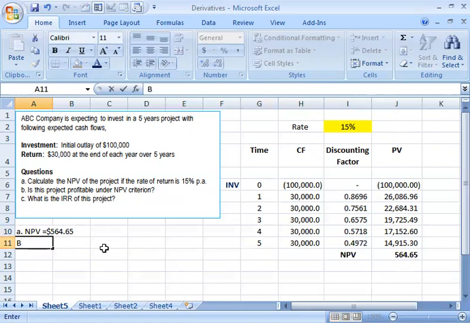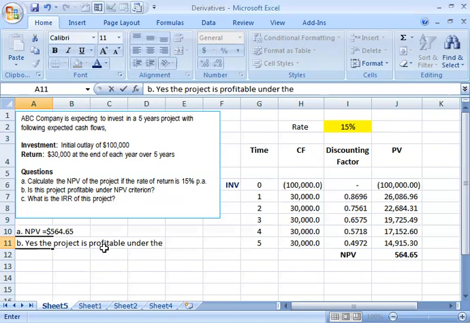Yes, for part B, yes, the project is profitable under NPV criterion, right?